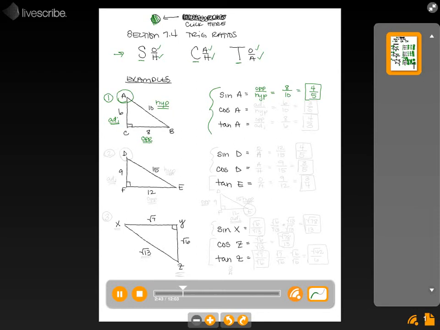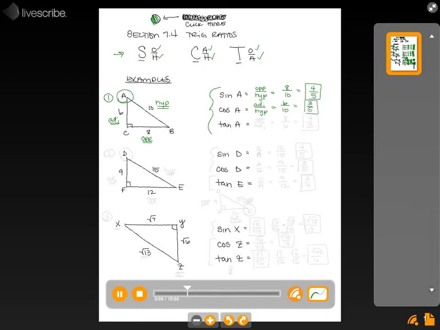Second one, cosine A. Still off angle A here, but cosine is adjacent over hypotenuse. It's the CAH part, okay? So our adjacent value, the side next to A, is 6, and the hypotenuse is 10. We need to reduce that. 6/10 becomes 3/5.